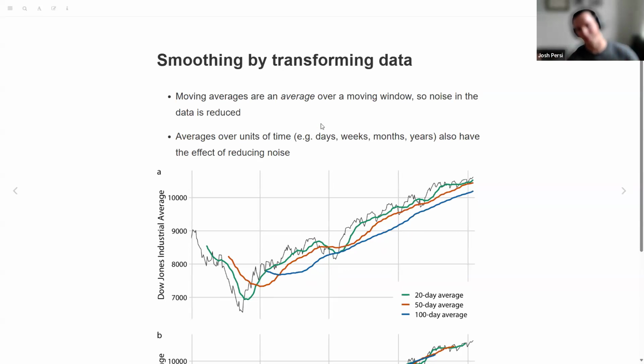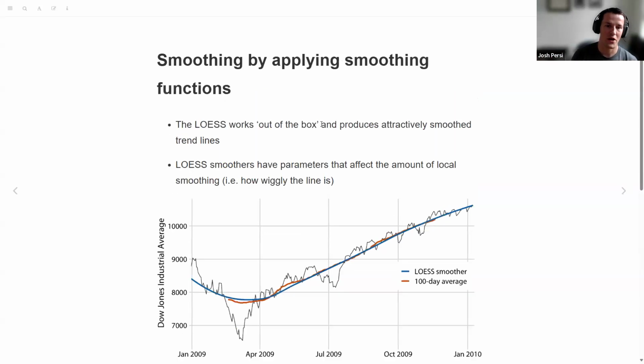So that's what I call, perhaps incorrectly, smoothing by transforming the data. Something you might do before you actually get into plotting. You might calculate your new aggregated average. Then there are things that, at least in the ggplot2 and R world, I apply by functions you call with, say, geom_smooth. And these are, I pronounce it as LOESS.